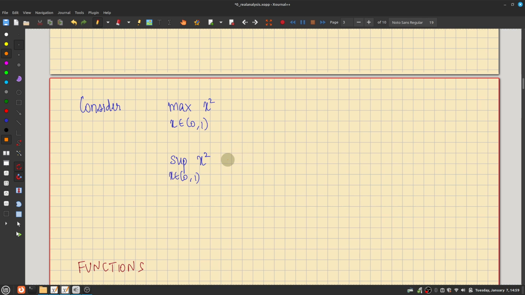What is this equal to? This is equal to 1. The reason the maximum does not exist is because, well, you know that the supremum of this function subject to the constraints is 1, but you can't find any x which satisfies the constraints and achieves this particular supremum.